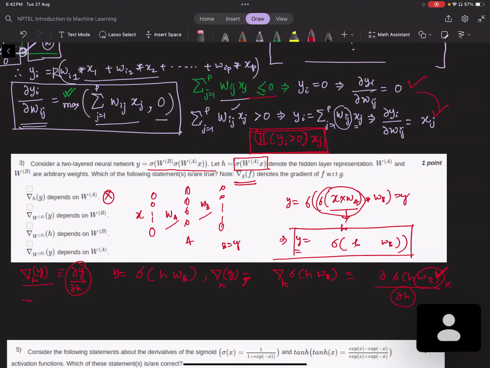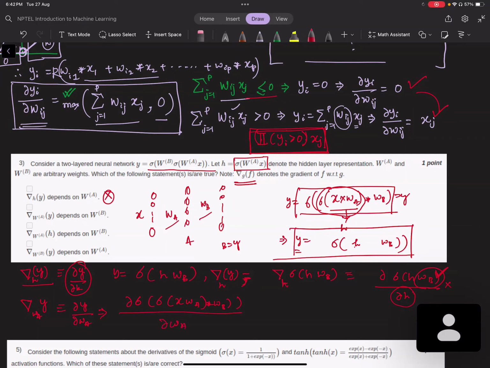Similarly, if we find dou Y by dou WA, here we have to use this equation, dou sigma X WA into WB by dou WA.